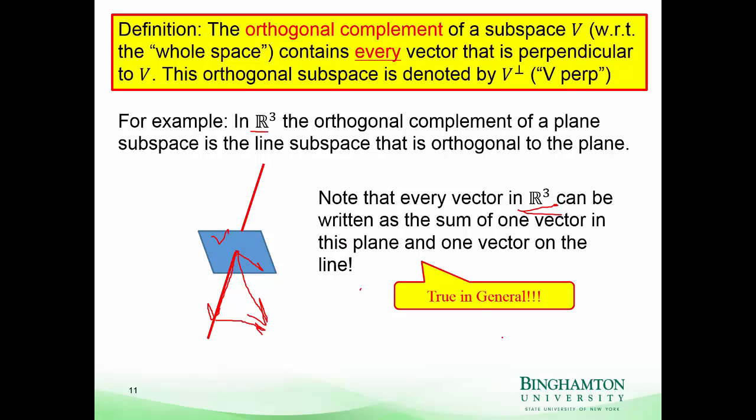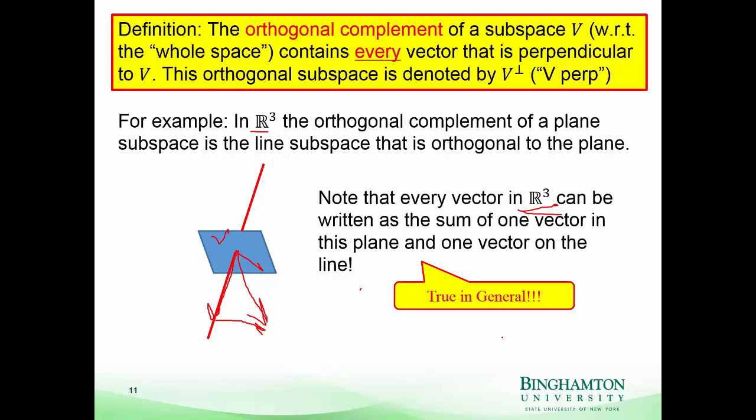So you give me some whole space, you give me a subspace V, and then we can take the orthogonal complement of V with respect to the whole space, and those two spaces, the original V and the resulting V perp, work together to provide everything that you need.